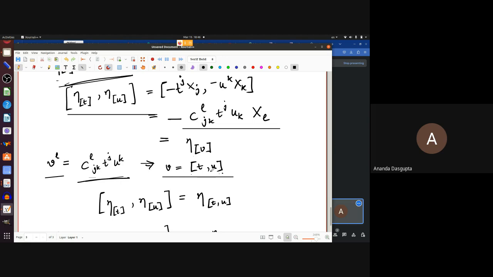These are not dot products or cross products or anything. So this is the definition. In fact, I will define a vector V using the structure constants of the Lie group.